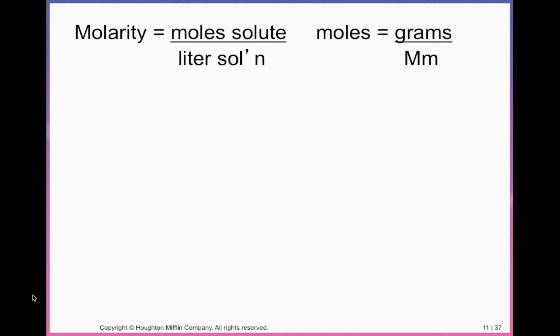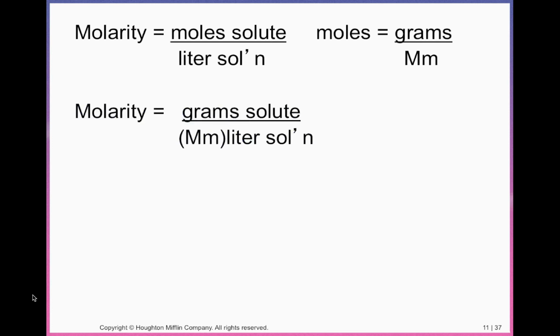Okay, and now the next we have is for molarity. Moles of solute per liter of solution is the definition for it. And then to find moles of solute, we have to take the mass in grams and divide it by the molar mass. Now it's sodium chloride, NaCl, and the molar mass would be 58.5 grams per mole. So what I'm going to do is make a substitution.